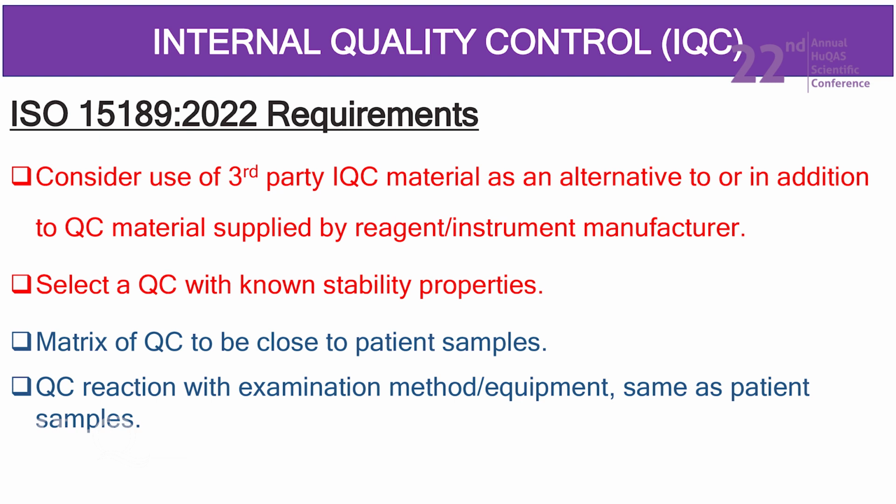And therefore, your manufacturer or your supplier should have confirmed that those IQCs are actually working on that particular analyzer. Otherwise, you may run IQC materials from other manufacturers, and then you realize they're not passing on your machine. And therefore, let's approach it together, the laboratories and the suppliers, the manufacturers, in verifying or confirming the IQCs that are working for our analyzers.